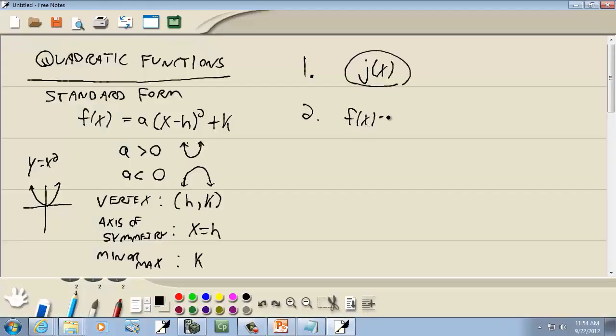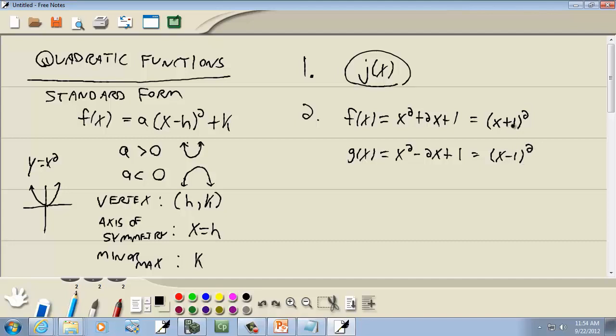Now f of x is equal to x squared plus 2x plus 1. And g of x is equal to x squared minus 2x plus 1. Both of these factor. This will factor as (x plus 1) squared, and this one factors as (x minus 1) squared. Now remember, a number inside with the x shifts left or right, opposite of what you think.